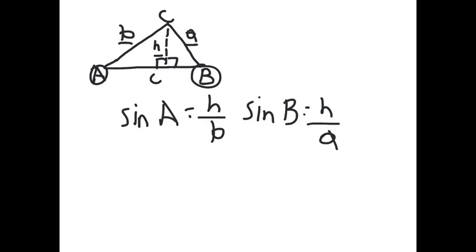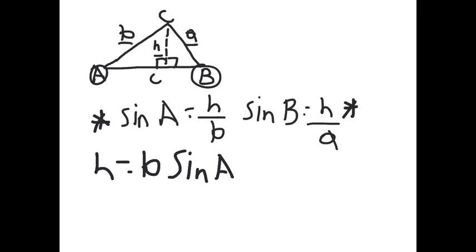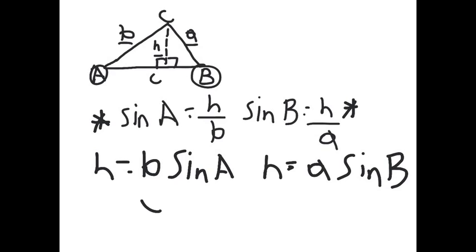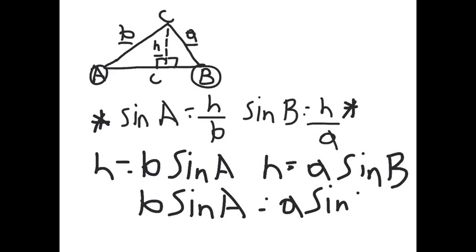So for this one, we want to multiply b to both sides to get h equals side b times sine of angle A. And for this side, we want to multiply both sides by side A to get h equals side A multiplied by sine of angle B. Now, since both of them equal h, they equal each other. So the new equation is side B times sine of angle A equals side A times sine of angle B.